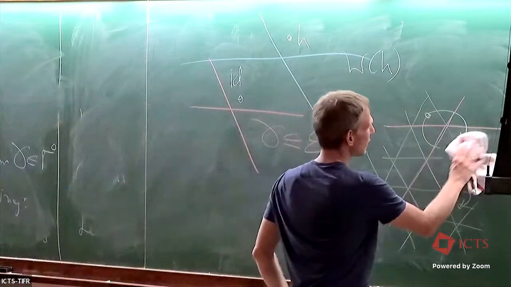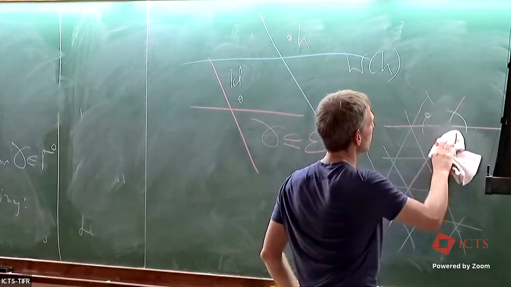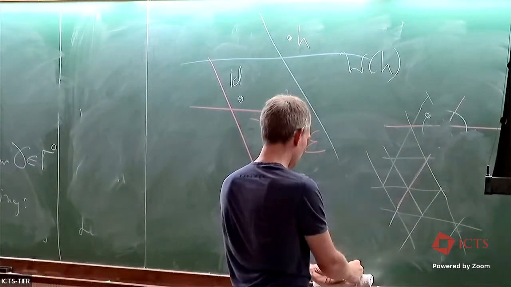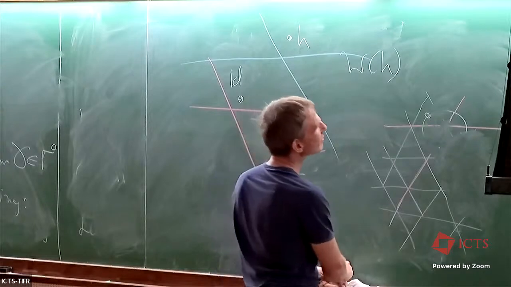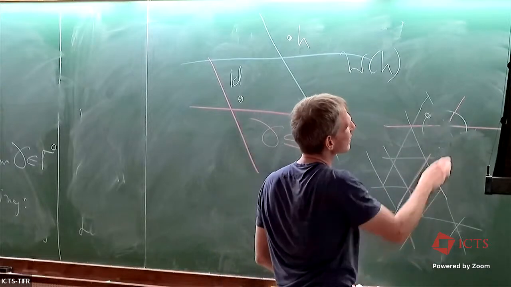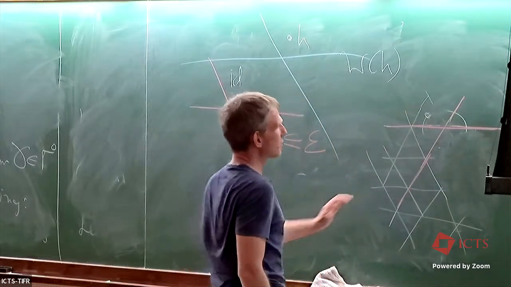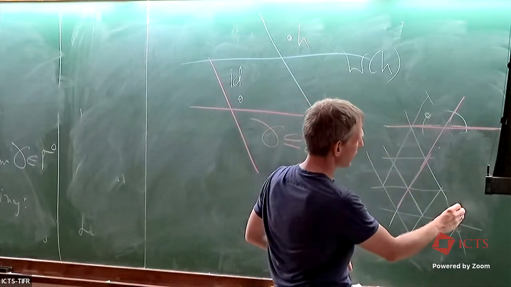So let's see what were the walls separating this vertex from the identity. This one is the closest. This one. Identity was here.